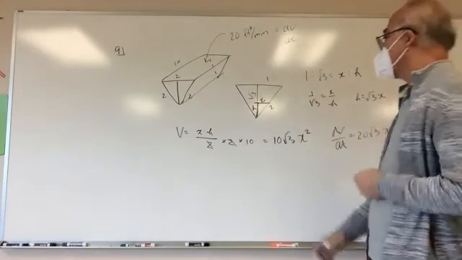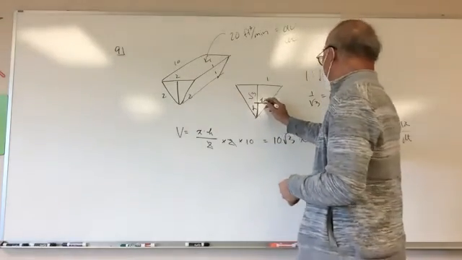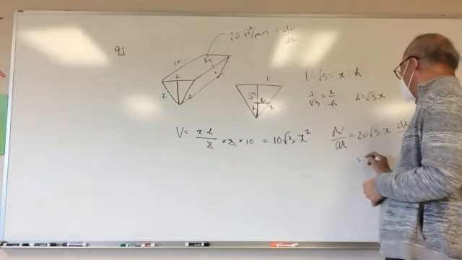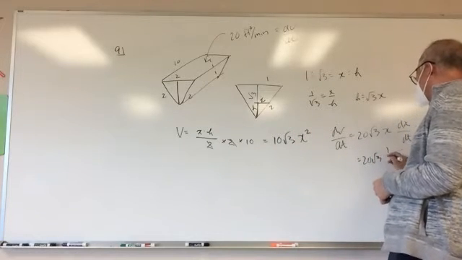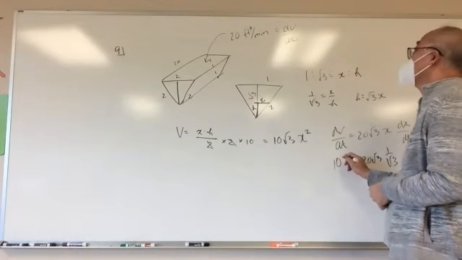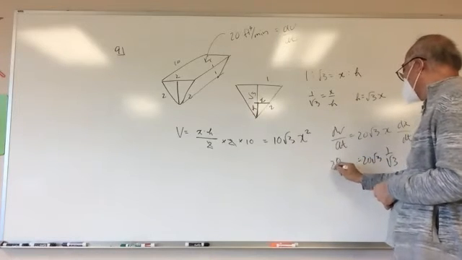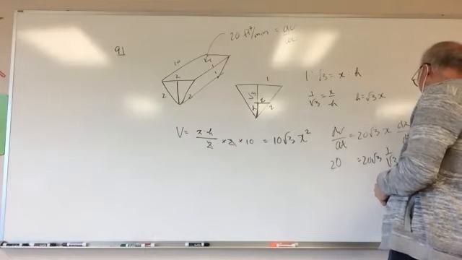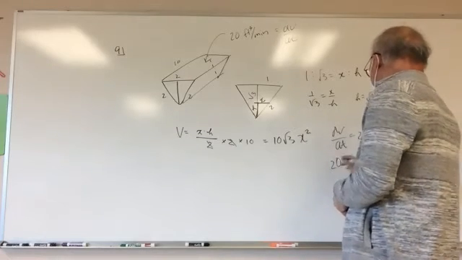When h is equal to 1, x is equal to 1 over root 3. So 1 over root 3, dV/dt was 20, I'm sorry, 20 dx/dt. This guy cancels out, this guy cancels out.